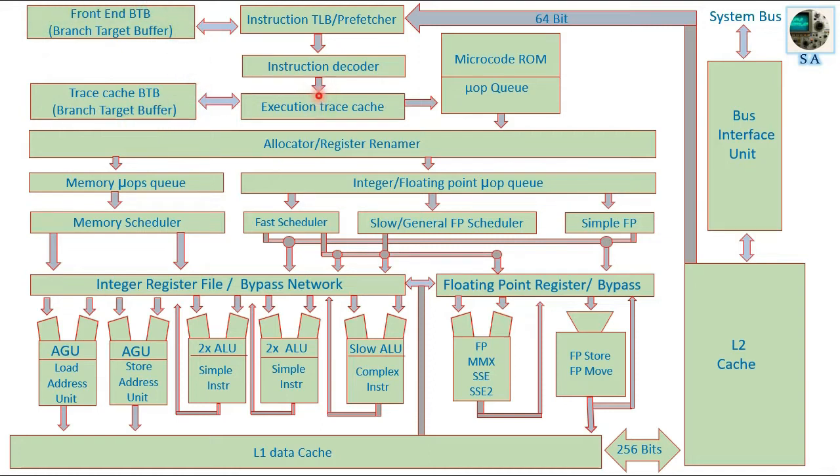The trace cache generates decoded micro instructions in first in, first out order, going to the out-of-order execution logic section. But this is for simple instructions only.